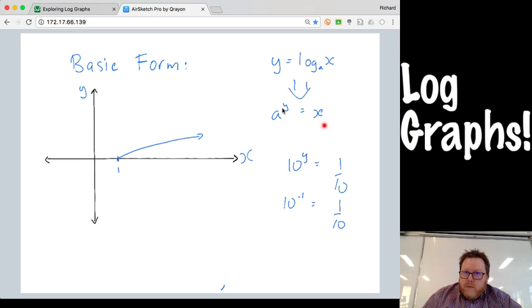Based upon this form of our equation, we can see that when x is a fraction, it can only occur when y is negative. In this form here, what we're saying is that when I take the log of a fraction, the value of y is going to be negative.